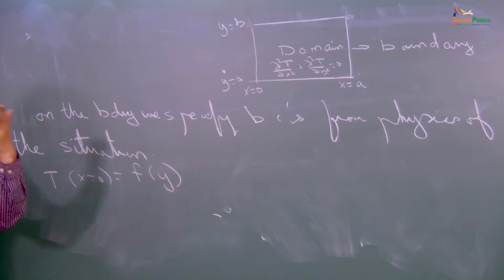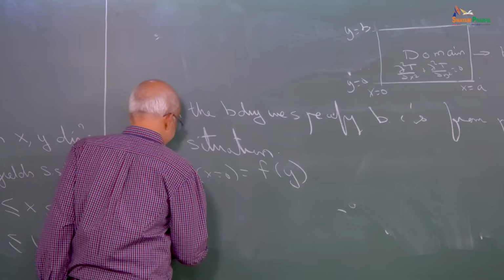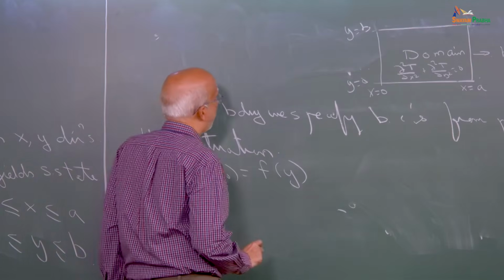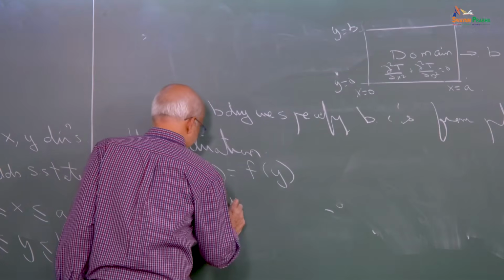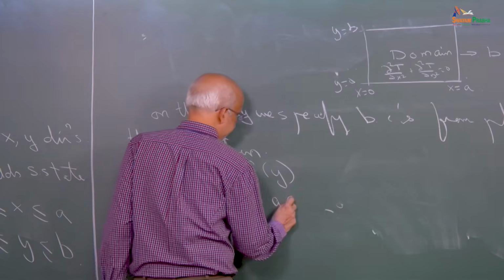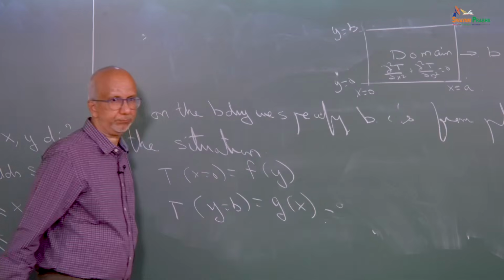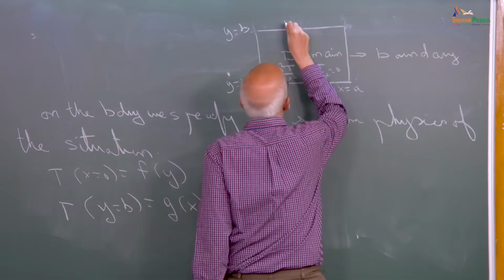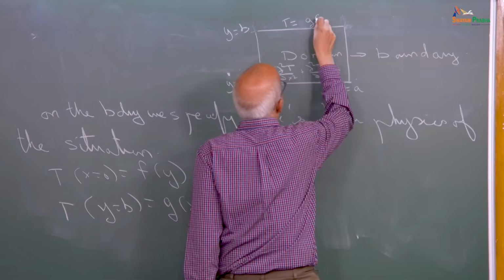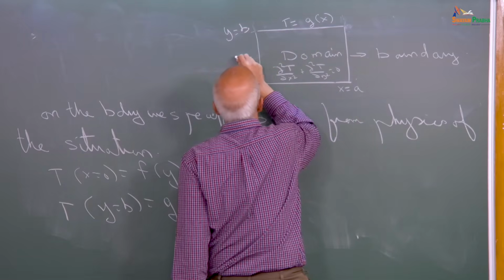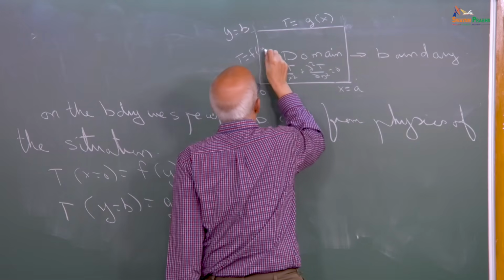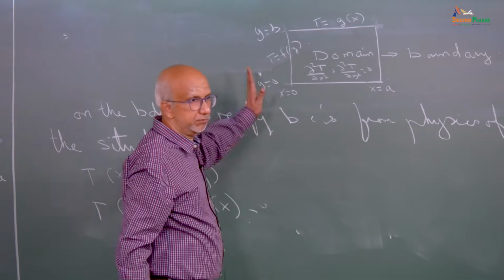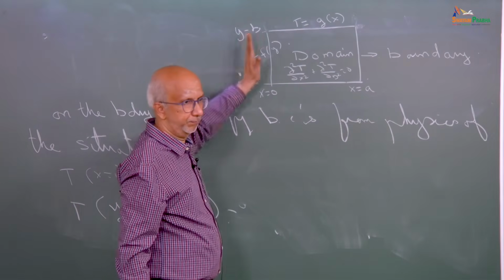So, I am specifying some temperature profile, it could be constant, and let us say temperature at y equals b is equal to g of x. y equal to b is the top surface. So, here I am saying temperature is equal to g of x, and here temperature is equal to f of y along this wall.